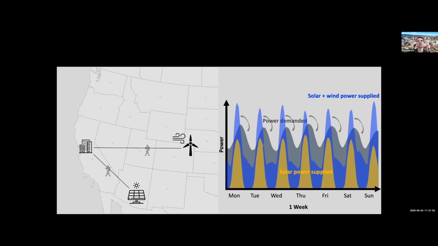So one thing is that we have this period of time each day when the sun is out and it's relatively windy, where we have more power supplied than demanded.